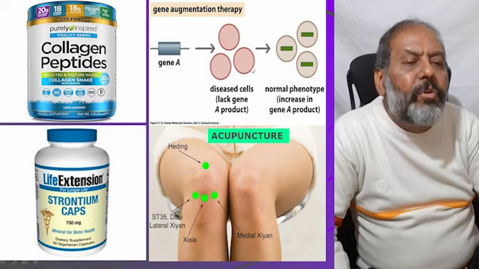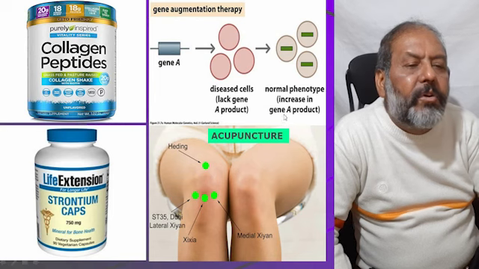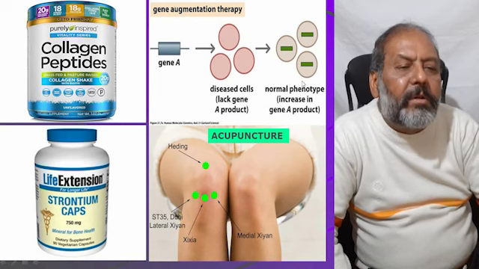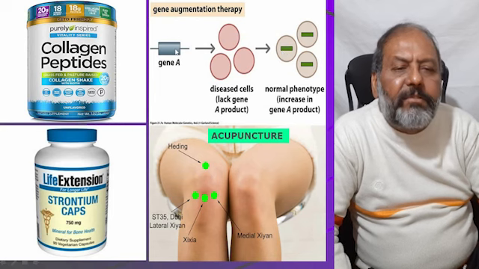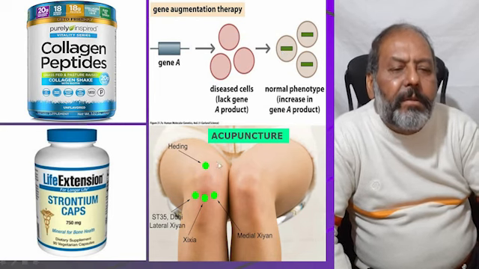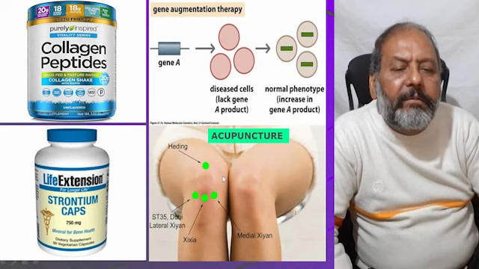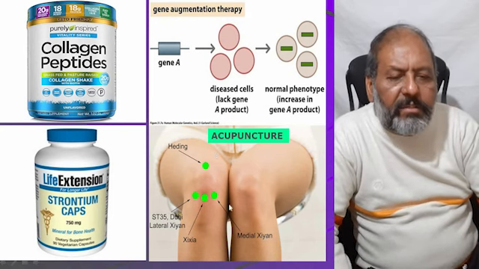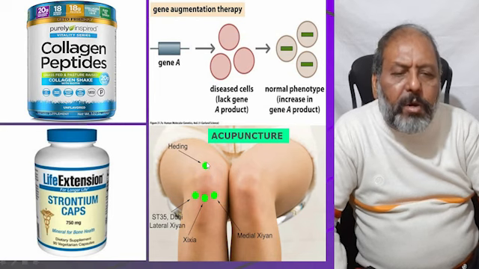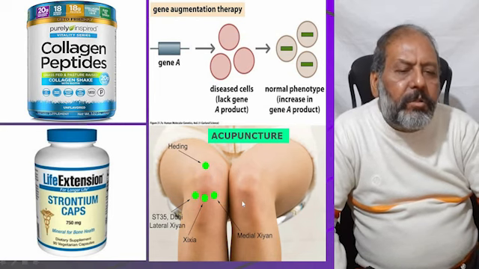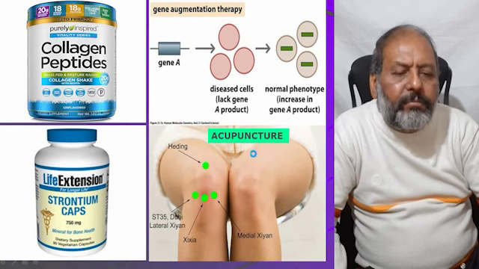So the new cells have a normal phenotype with an increase in gene A product, and one can see the gene A which has been inserted in these diseased cells. Then acupuncture has some role in some places, and one can see the points where the needles are being inserted, which is going to give relief.